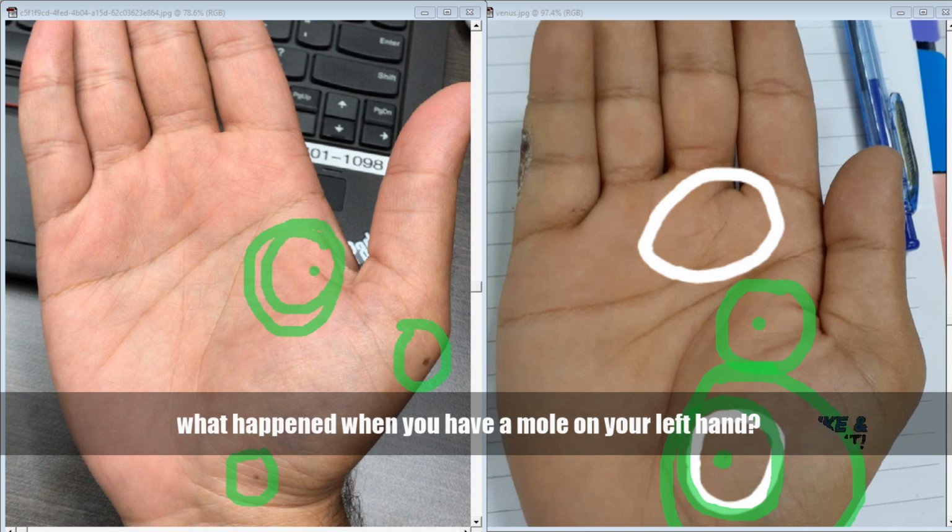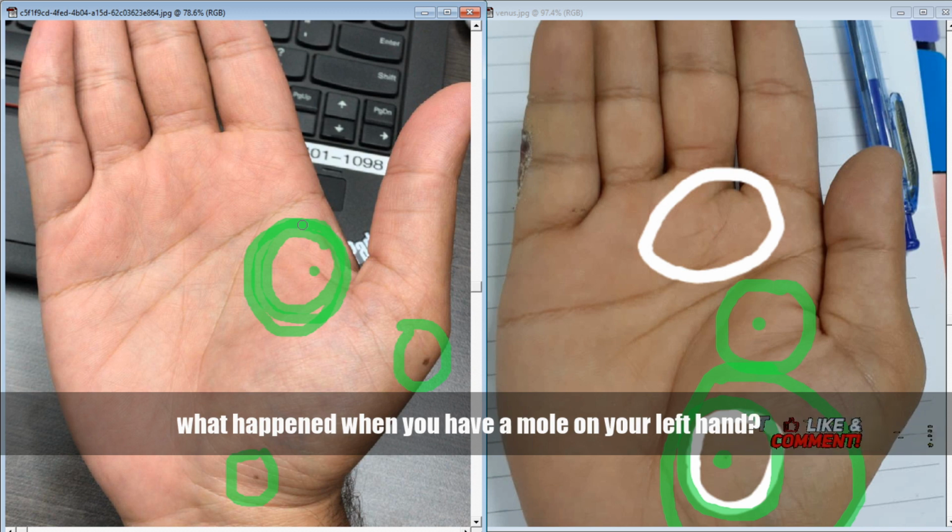Aggression could also be an extreme amount of fire, very volatile, or it could be the total opposite, that the person doesn't have any fire at all, like where the person needs to get angry and still does not get angry, or the spark within that person is lacking. So I've explained what a mole on the Mars means.